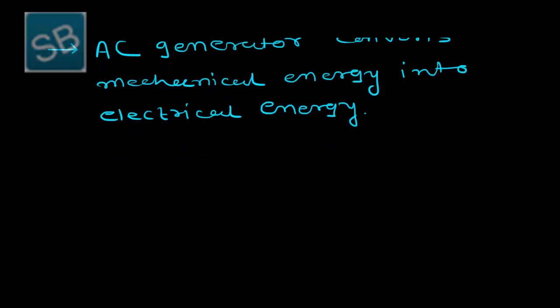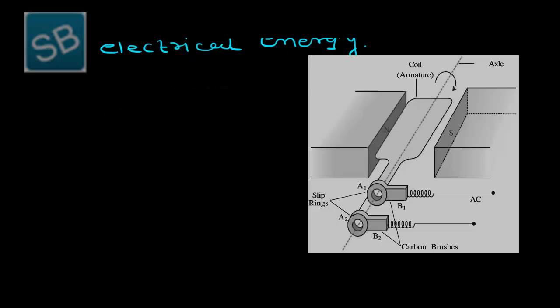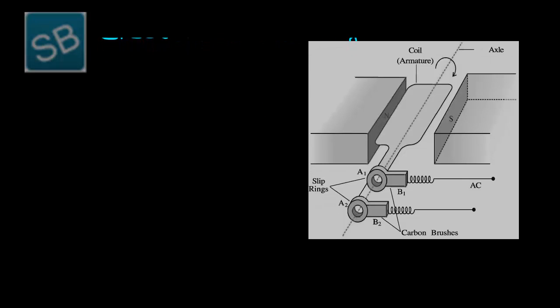Now, we just consider the arrangement of the AC generator as below. Here the arrangement is similar to what we have seen in the animation. Here A1 and A2 are the slip rings and B1 and B2 are the carbon brushes.